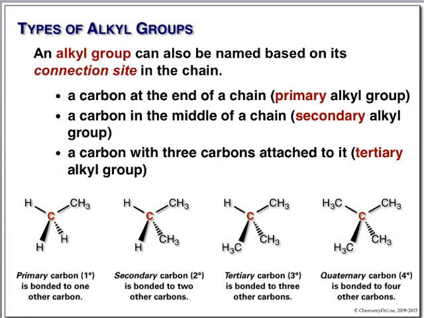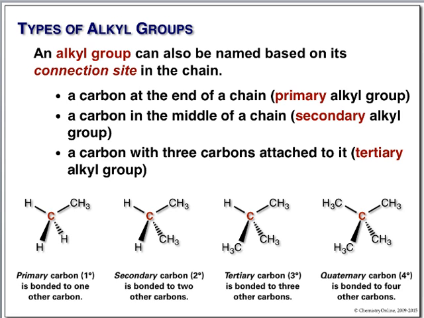The other thing we want to be able to talk about when we're looking at simple alkane carbons is their connectivity. There's actually a fairly important way to describe the connectivity, and that's using primary, secondary, tertiary, whatever.